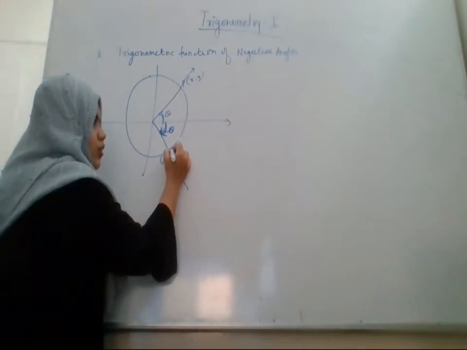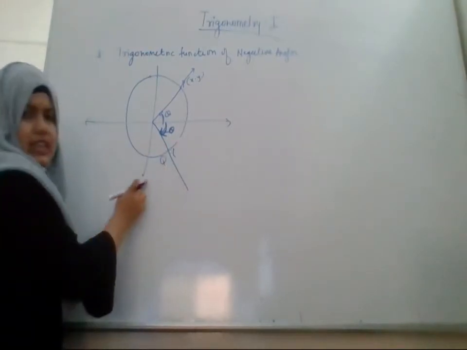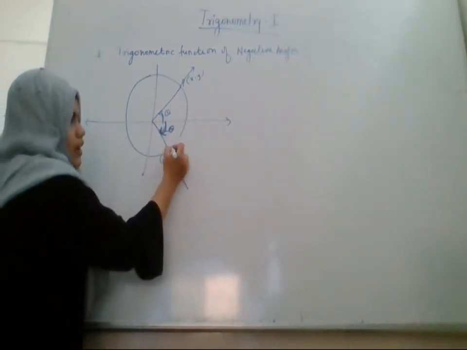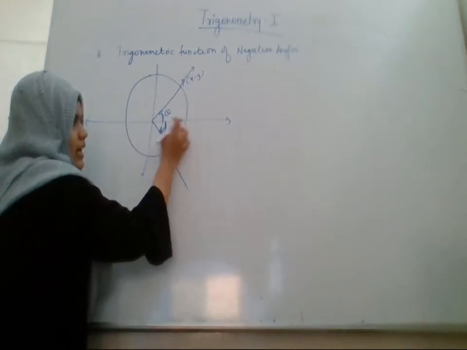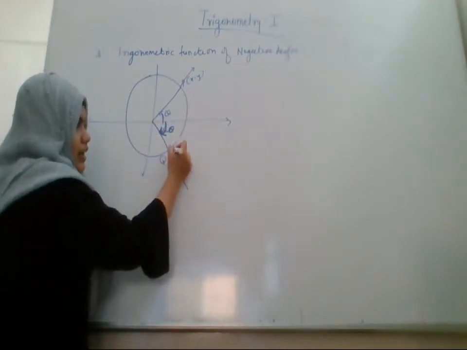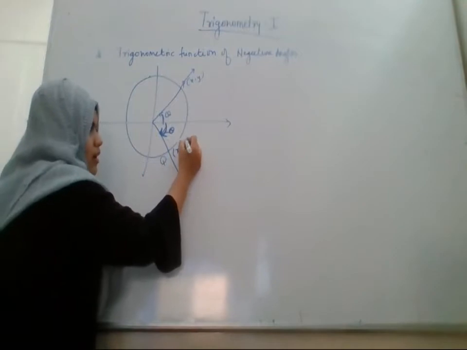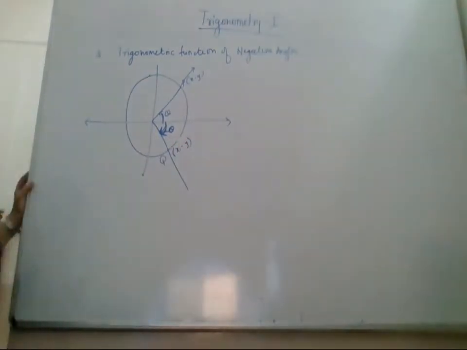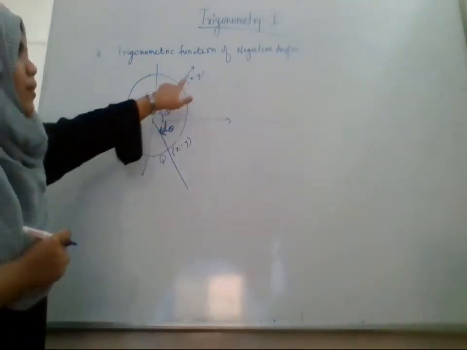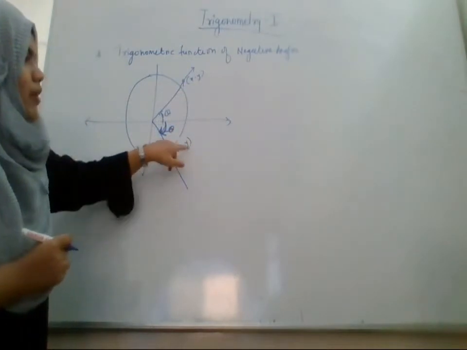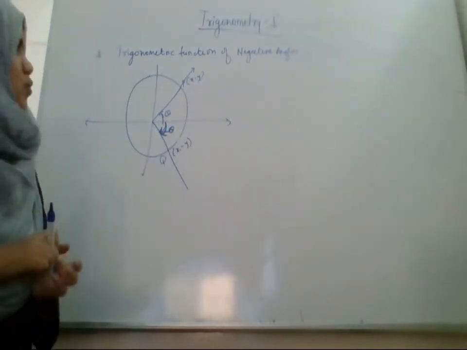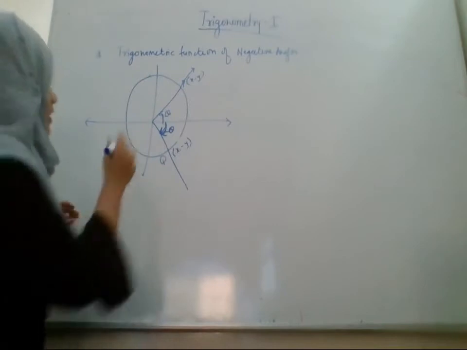The point Q is in the fourth quadrant, where x is positive and y is negative, so its coordinates will be x, minus y. So for theta the point is x, y, and for minus theta the point is x, minus y. I hope till here it is clear.